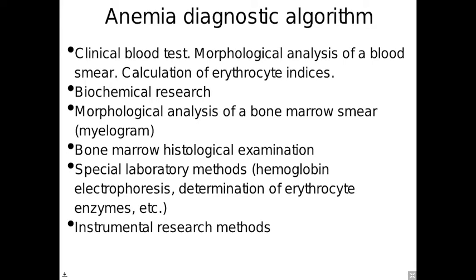But one more time, students, I focus your attention. Anemia can be present even when the hemoglobin and the red blood cell count are normal. And so, please consider the second step of this algorithm, biochemical research.